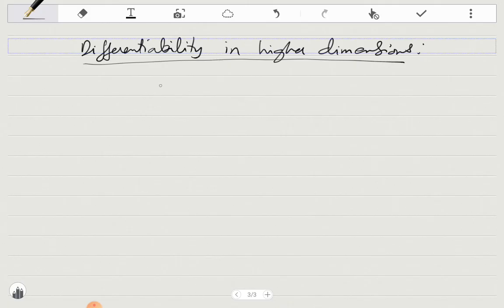The setup is as follows. U is an open subset of Rn, and you have a function f from U to Rm, and a point x naught in U. So what does it mean to say that f is differentiable at x naught?